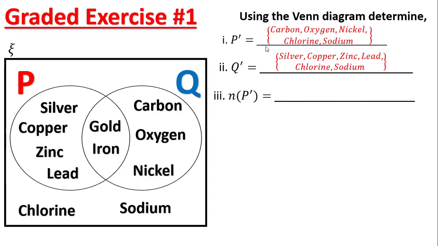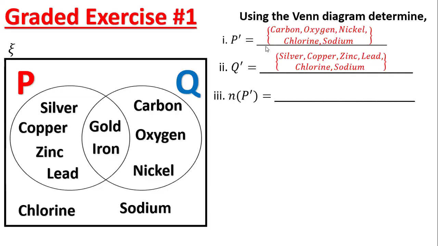Now we want to know how many elements are in P complement. Put your hands inside the chat, please. Top 10. Very good. What y'all have for this one? 5 or 6? 5. Okay. They say 5.